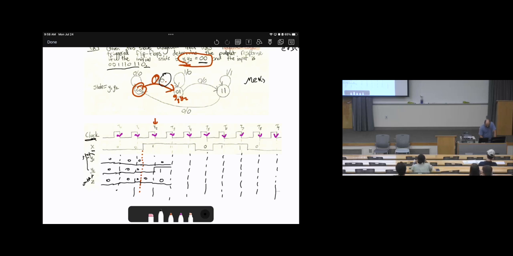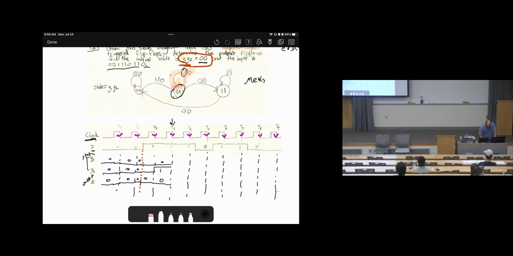Then there is a change at T3. Now we are at 0, 1. So let me erase this. We are at states 0, 1. The input is 1. According to this arrow, if the input is 1, I will remain at the state 0, 1, and the output is 0, right?